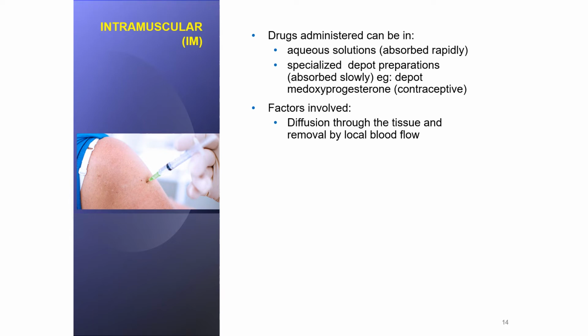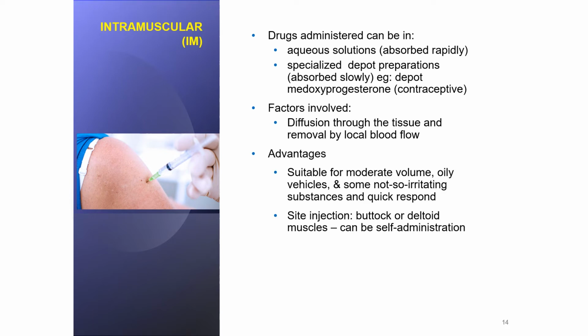Right? Okay. So advantage of intramuscular injection is you can have similar fast response, okay, and it's also suitable for moderate volume of drugs, okay, but it's not suitable for irritating substance. Okay, the injection site is either at the buttock or deltoid.